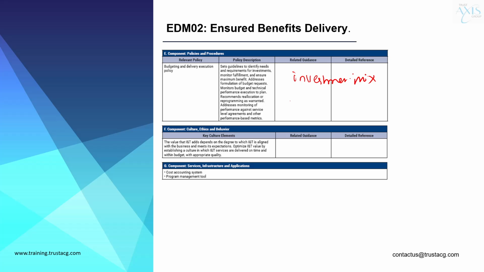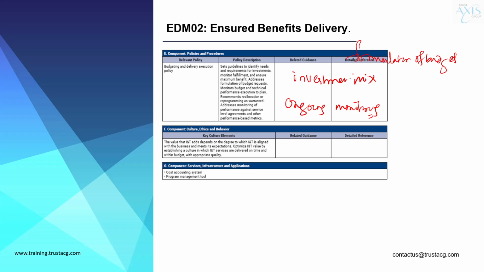It will ensure that there is always an ongoing monitoring process defined for fulfillment and benefit realization, verifying that the projects and programs are delivering the intended outcomes. It provides direction on the formulation of the budget requests, ensuring that these are justified with clear benefit expectations and business value.